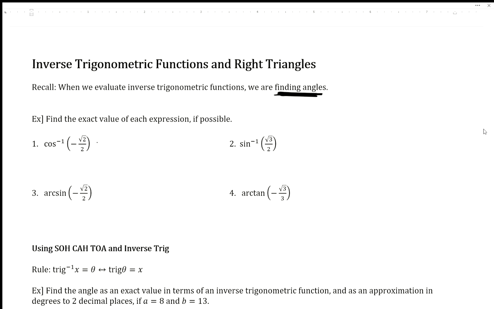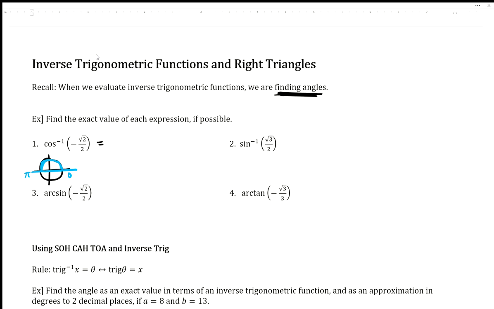For instance, on this cosine inverse of negative square root of 2 over 2, let's first make our circle. Here's the unit circle, but cosine inverse needs to get cut in half this way, where we only look at the top half of the circle. So we have 0 to pi is where that answer is.